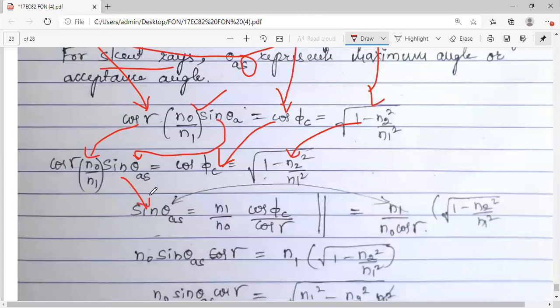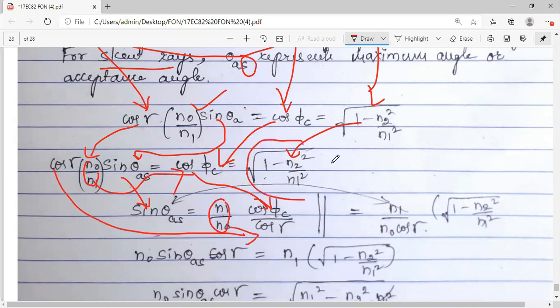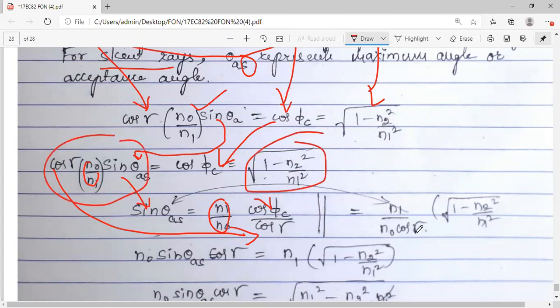Then, with simple readjustments, the cos term stays as it is. Whatever N0 by N1 there is, I will take to the other side, so it becomes N1 by N0, and the cos term comes to the denominator. Let me take these two rounds, the first one and the second one. With that, sine is equal to N1 by N0 with cos in the denominator, and this as it is.